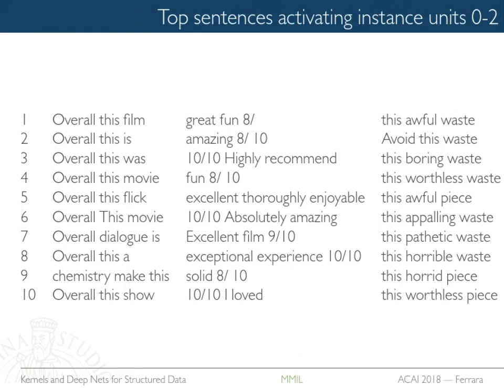And this is the interpretation in terms of topics that you discover. This is when a unit will be active. This unit is active when you're introducing something in a sentence. This unit is active, guess what, when you get a very high opinion about the movie. And this is active when you have a very negative opinion about the movie.